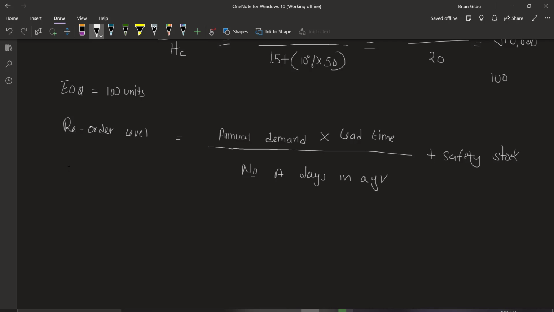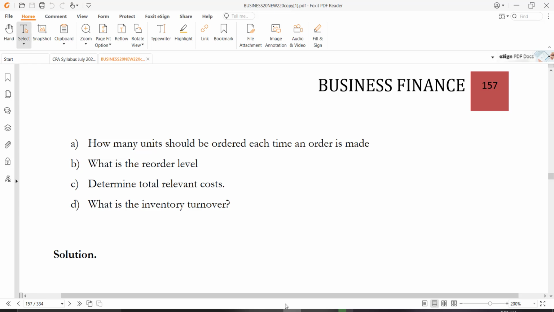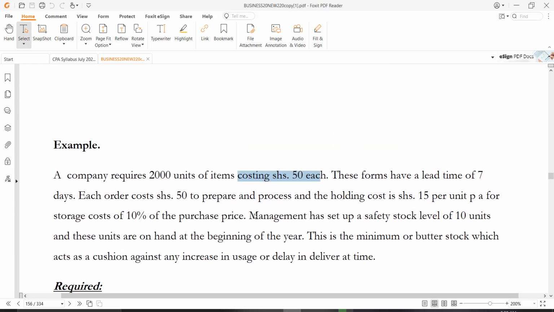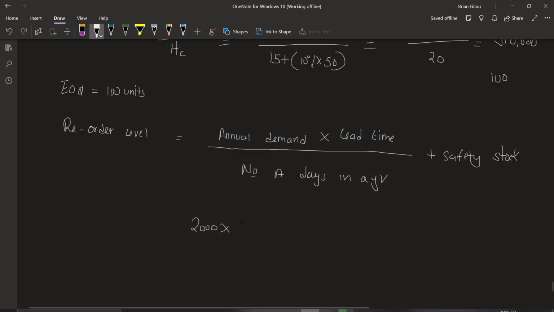Now, to do that, our annual demand was 2000. So we have 2000 multiplied by the lead time as per the question. We saw the lead time was 7 days. So we multiply by 7. Then we divide by the number of days in a year. Since we are not given, we can use 365 days, and we are also given the safety stock is 10.